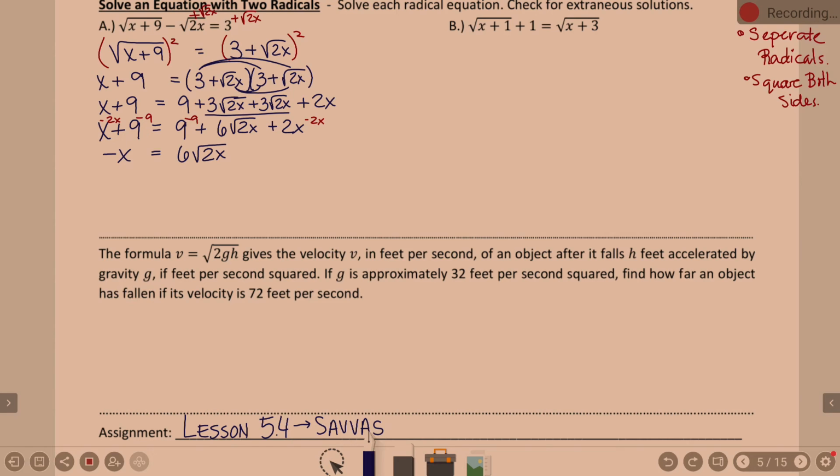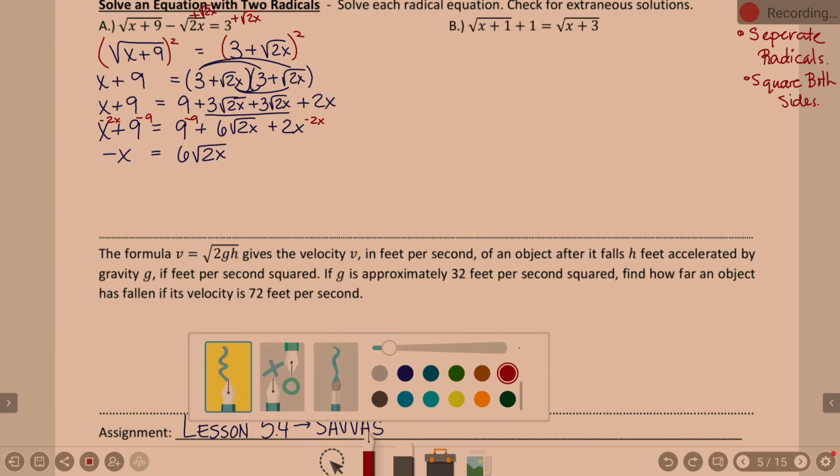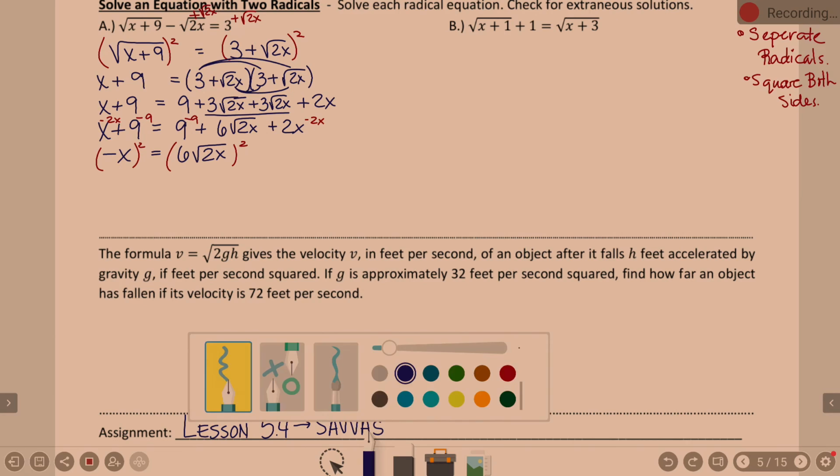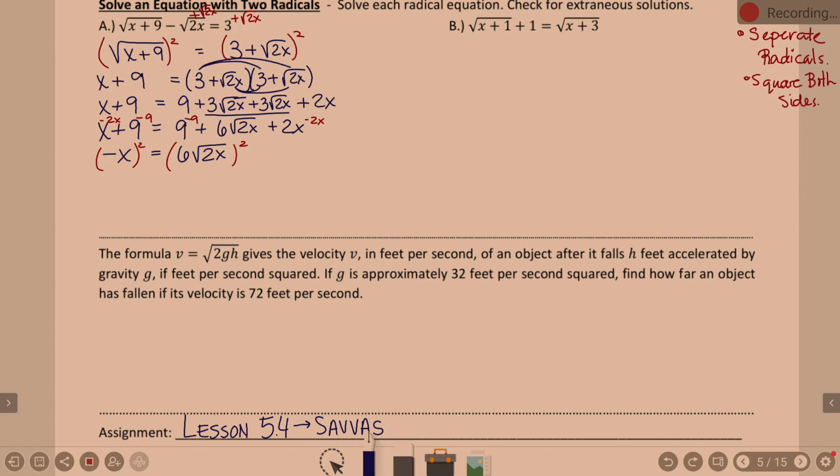I'll be honest, I don't really want to mess with fractions. So, as long as I don't have anything added or subtracted here, I'm going to consider this by itself enough that we can go ahead and square both sides. And I'll show you what happens here. Okay, so if there's a coefficient here, that's okay. We're going to make this work. So because it's a square root, we're squaring both sides. What is negative x squared? X.